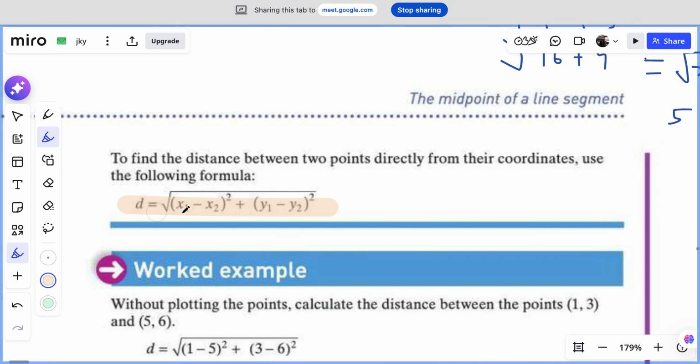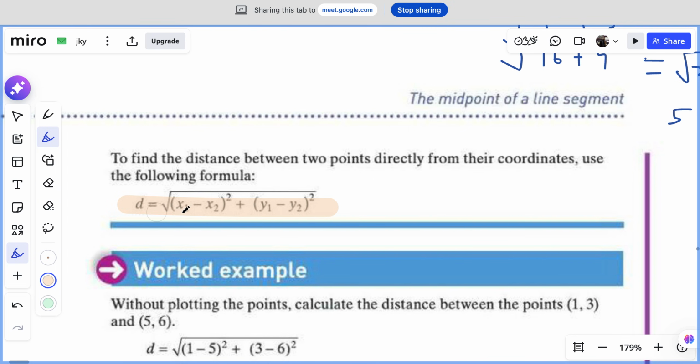Please take note, this is the formula for calculating the distance between 2 points. If you don't know, please go and practice. Watch this video many times, pause it and solve the question. This is the formula for calculating distance between 2 points.